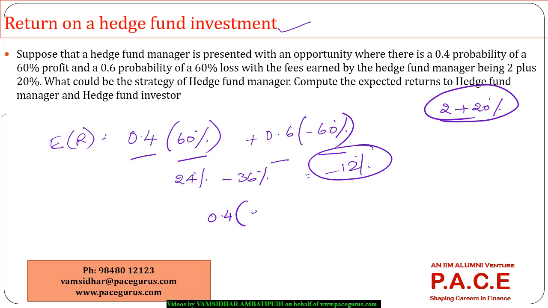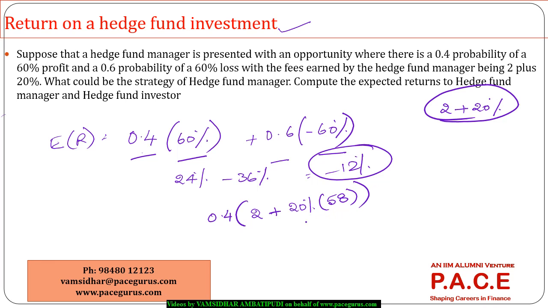If the fund generates a 60% profit, the benefit the fund manager gets is 2% plus 20% of the remaining 58, because 60 is the profit he is generating.